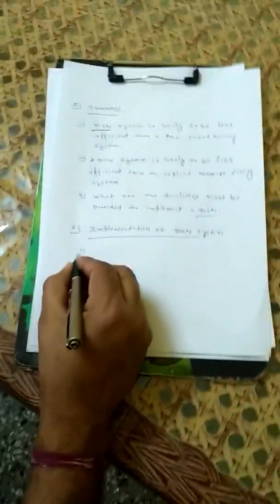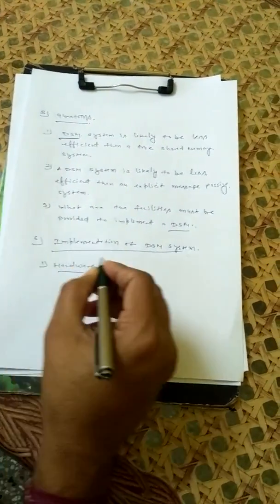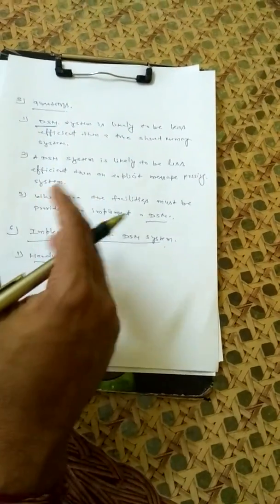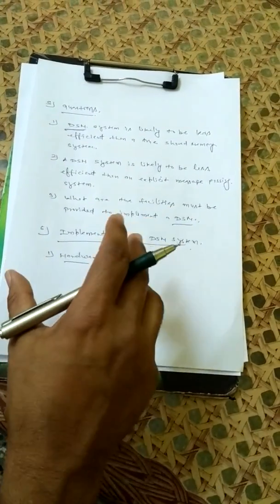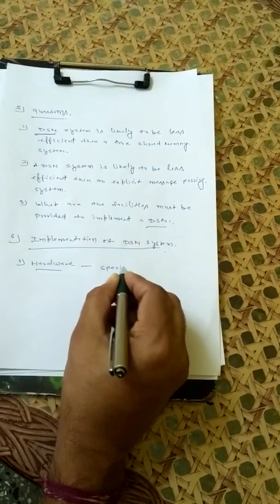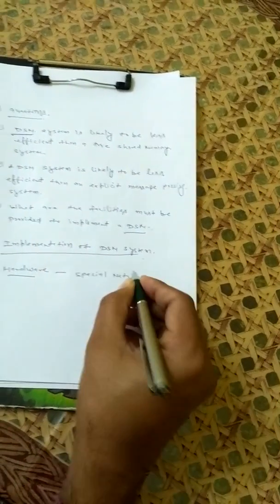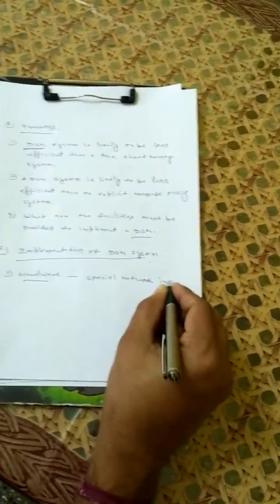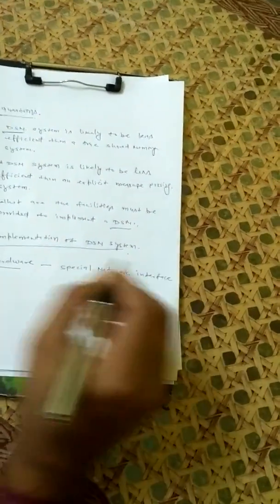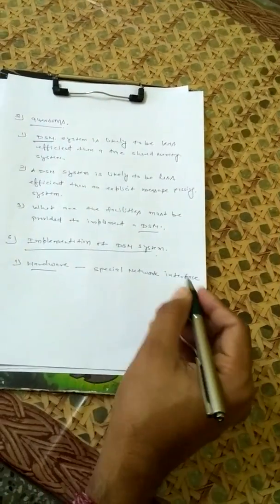It will cover the hardware. Simple hardware which we are using, but with the simple hardware it will also require a special network interface, and also the cache coherence circuits.